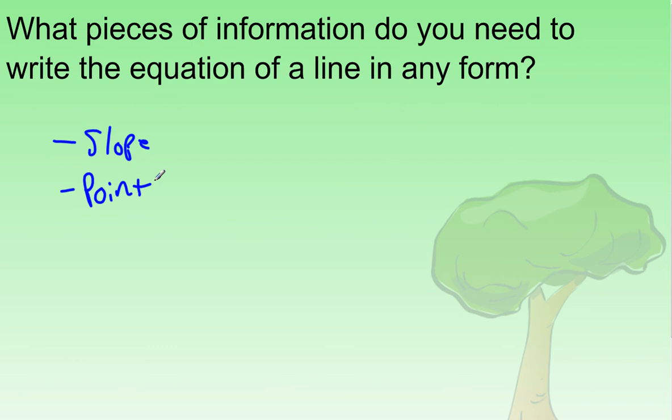You must have a point. That's it. That's all you really need. You need a slope and you need a point. Now, if they gave you 2 points, the first thing you need to do is find the slope, and then using the slope and one of the points, you can write your equations.